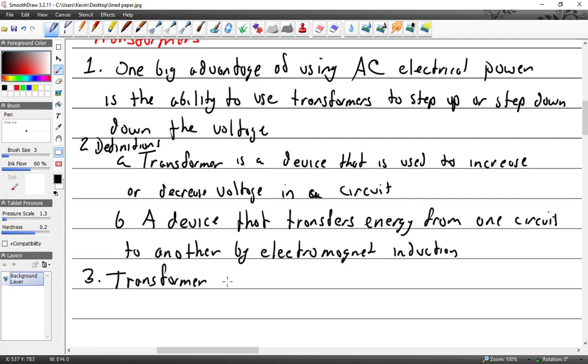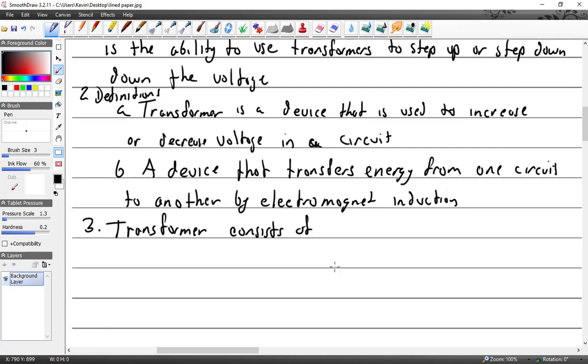A transformer consists of... let me show you what a transformer looks like schematically. I like the older style schematics. I told you that many times, instead of one that just looks like this, because this represents what it really is.